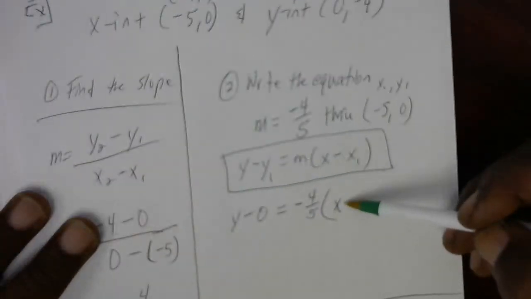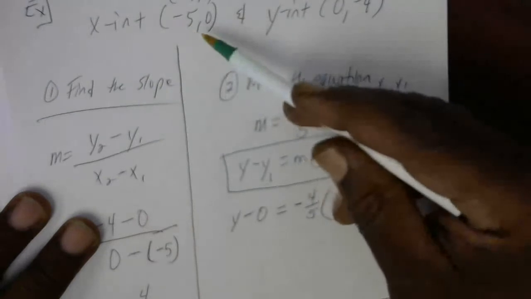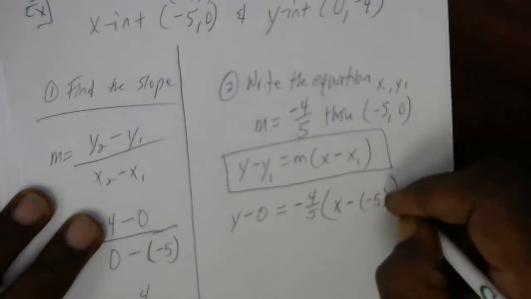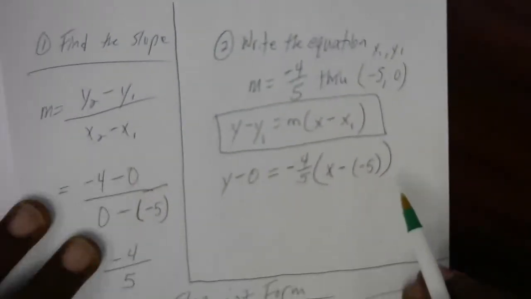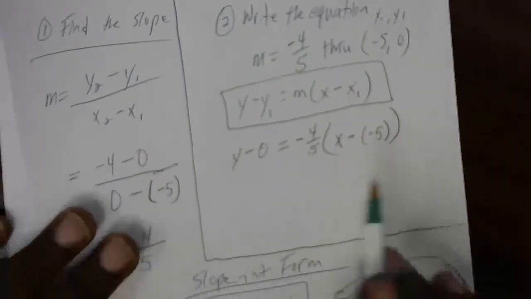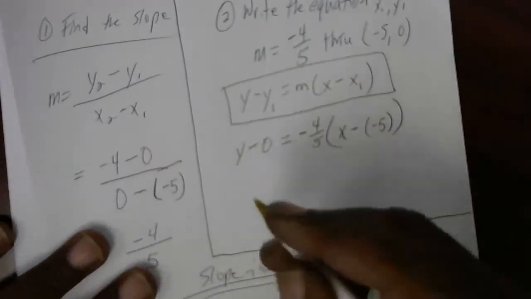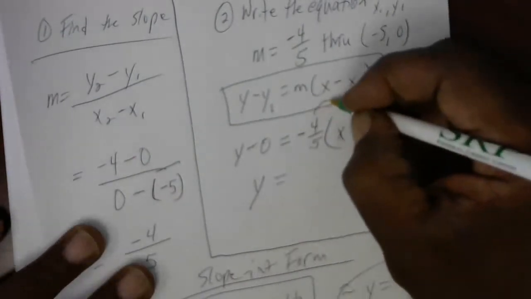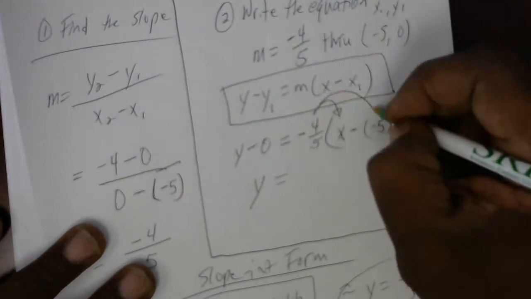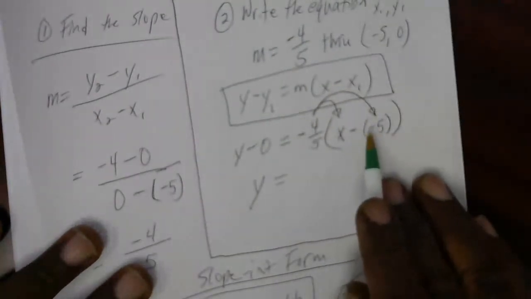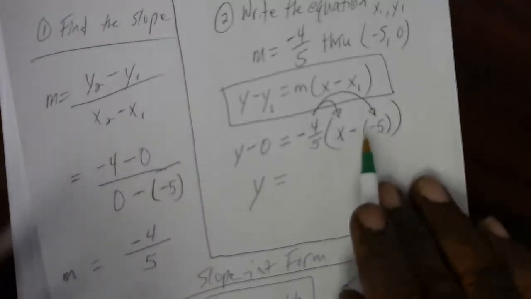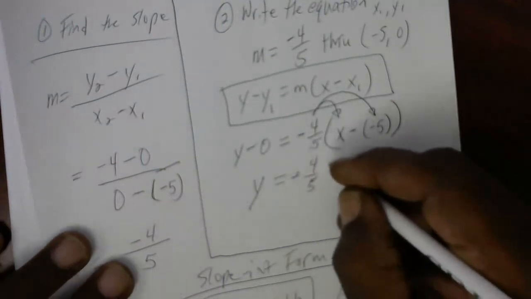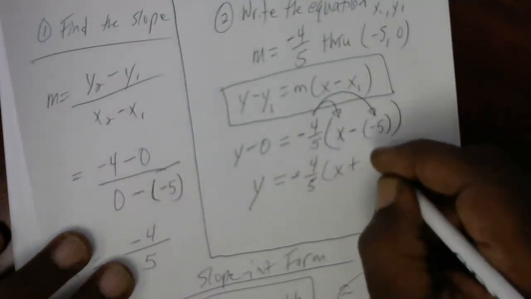There's a minus in our formula, and we have x sub 1 as a -5, so we must be careful to substitute in x sub 1 as a -5. On the left-hand side, y minus 0 is y. On the right-hand side, I have a double negative, so I'm going to rewrite that as positive. So that's -4/5 times x plus 5.